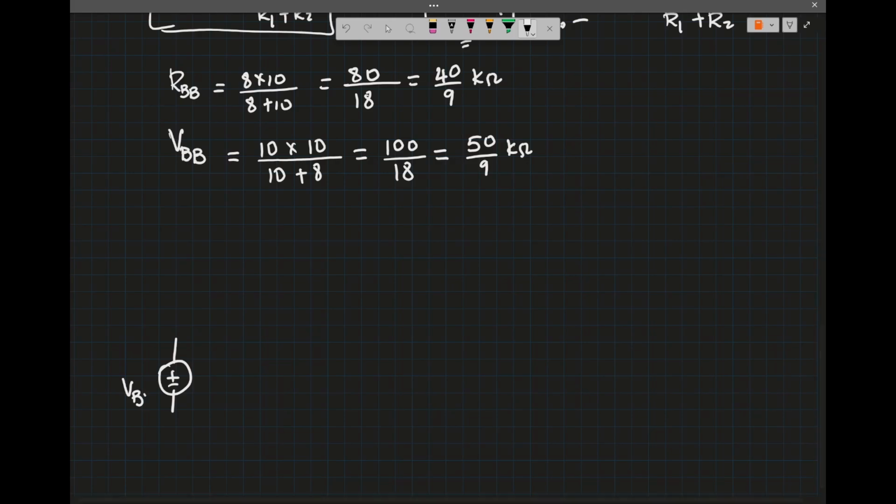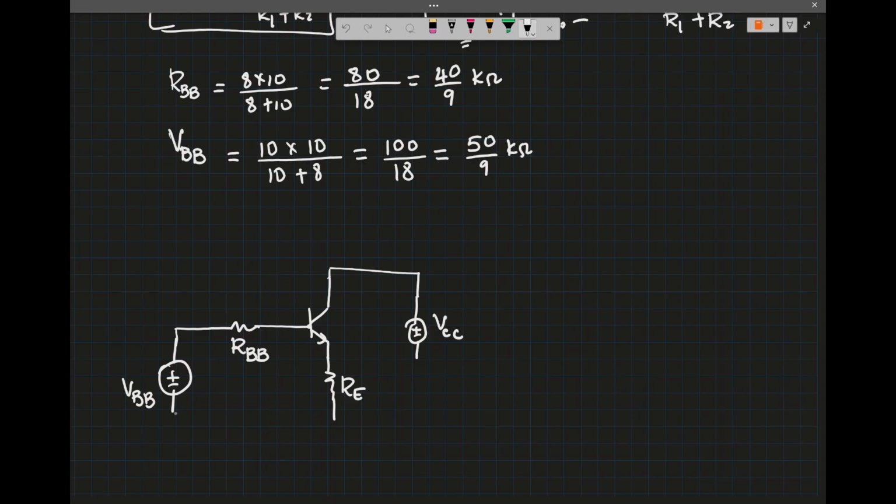We have VBB and RBB connected to the base. If you like, you put VCC here. Then we have RE here. Now that is our network.